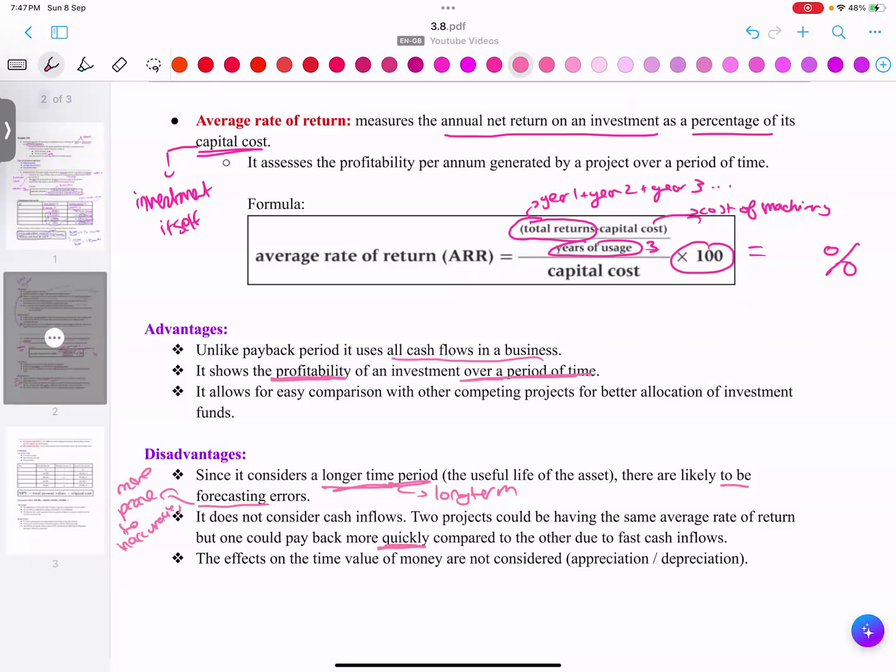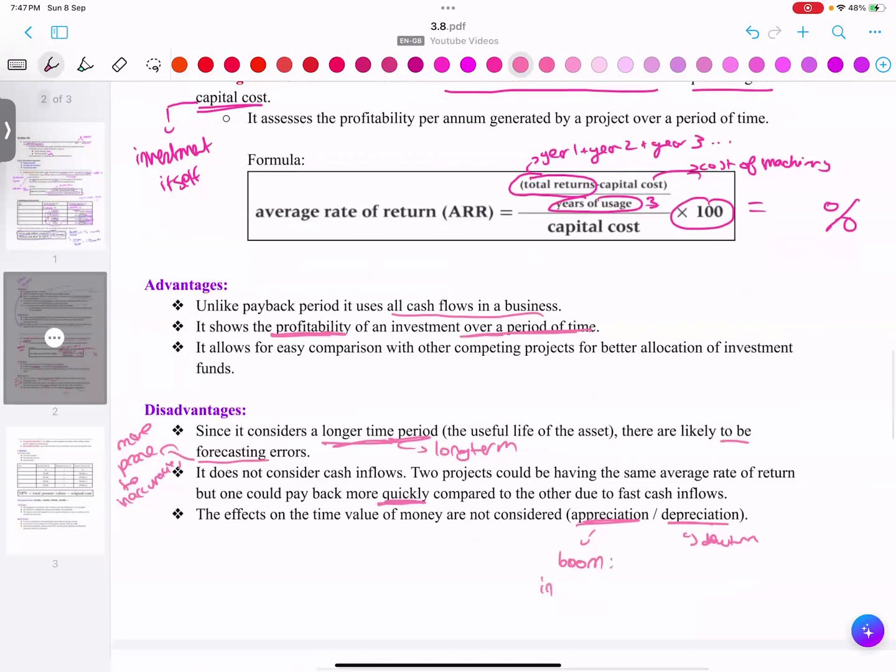The effects on the time value of money are not considered. So the appreciation, depreciation. There could be economic downturns, or there could be economic booms. So basically, when there's an economic boom, interest rates may increase, for example, or wages may increase, for example.